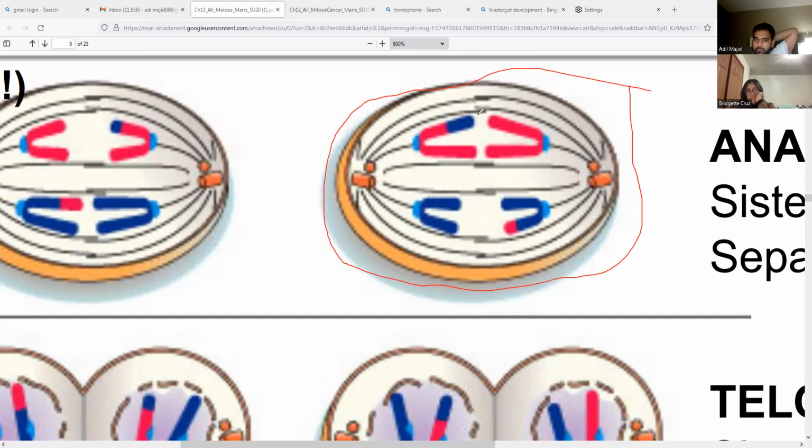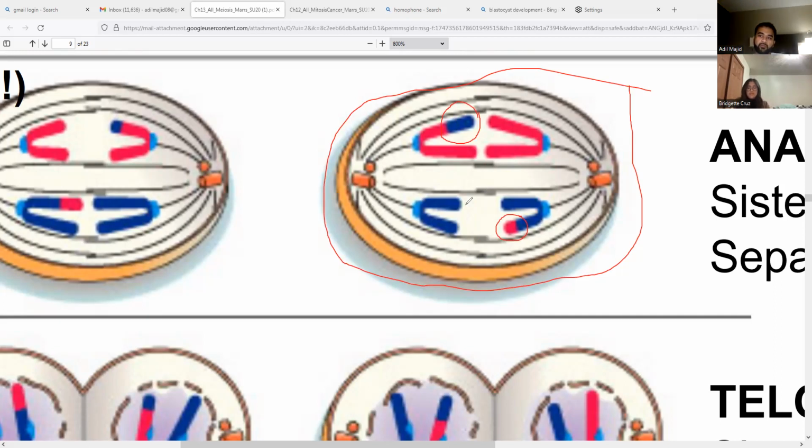It would be anaphase two because you already see the crossing over effect. I keep forgetting that word, the crossing over. Exactly, that's how you know it's not plain anaphase. Anaphase one means it's in meiosis one, so don't make that mistake.